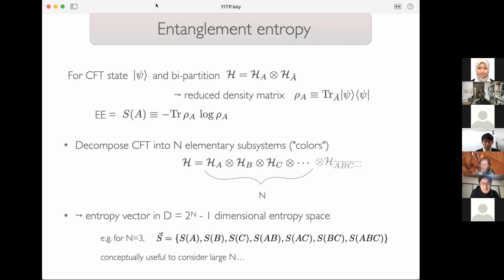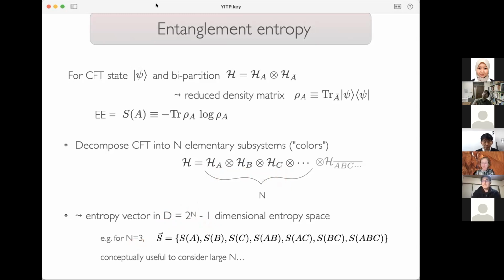Basically, for each of these, you can determine whether that subsystem is included or not, but you don't want everything being excluded. That's how you get this part. So there are 2^n - 1 numbers or quantities that describe the subsystem entanglement entropies.